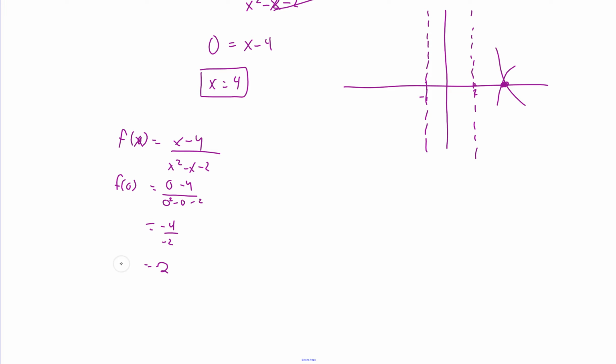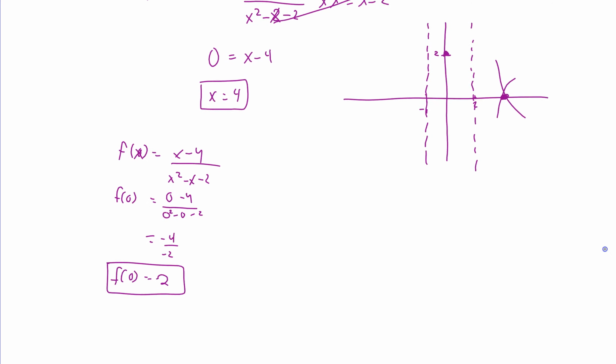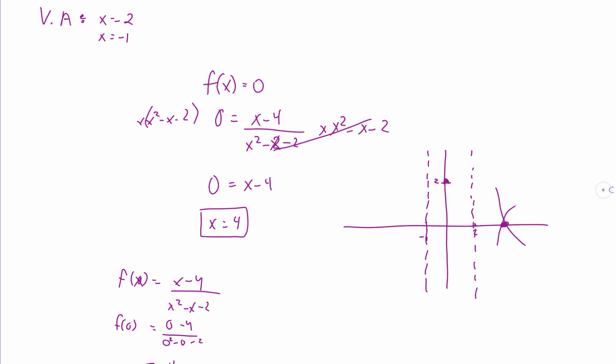So we know that our y-intercept is at 2. So far, based off of the domain, vertical asymptotes, and our intercepts, we've already determined some points that we need.